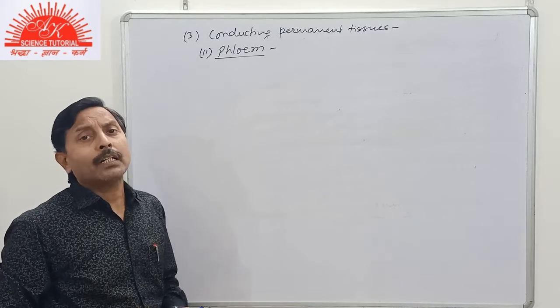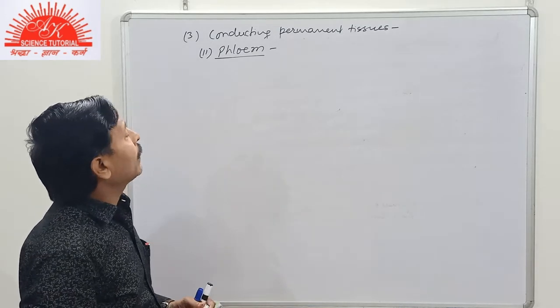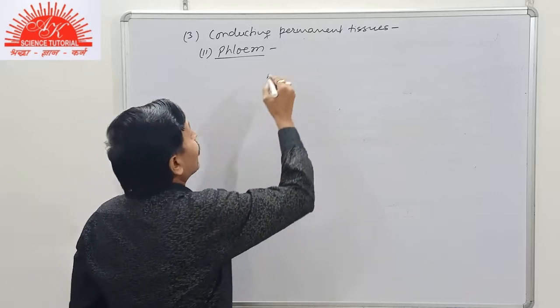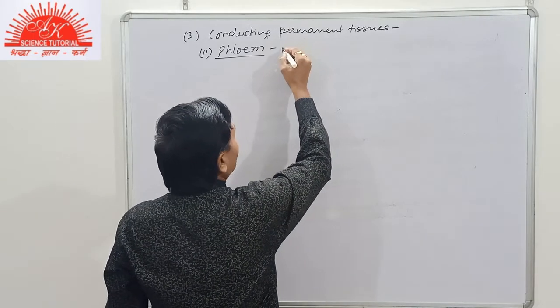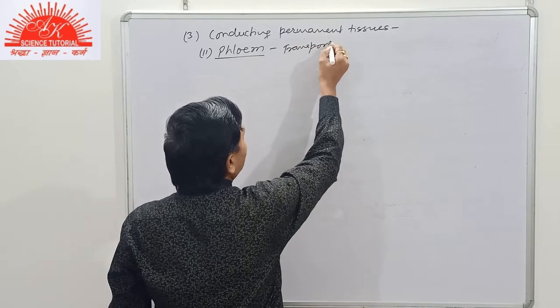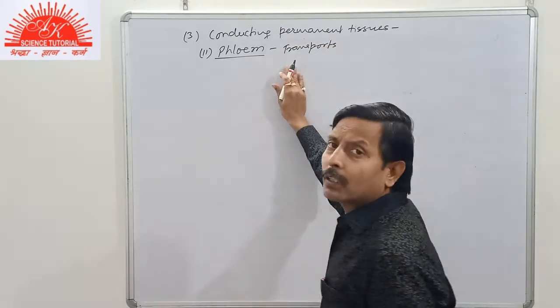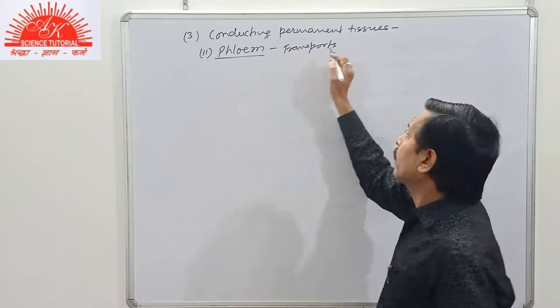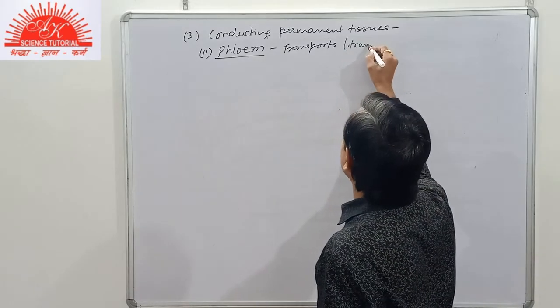This is the part of the vascular bundle that mainly transports. The special word for transport of food material by the phloem is translocation.